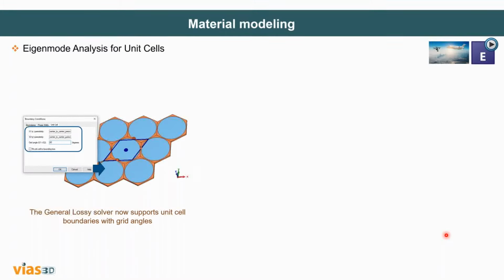The first thing here was a long-time wish of ours as well as of customers: to have unit cell analysis in the eigenmode solver. This has been supported in the frequency domain solver for a long time, but now it has been introduced in the eigenmode solver.